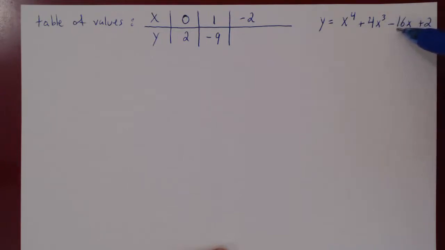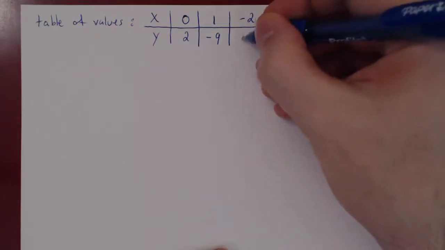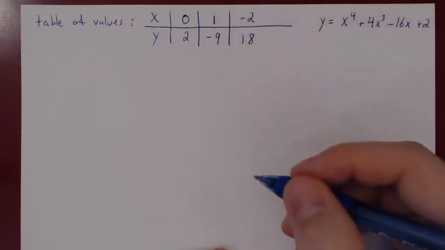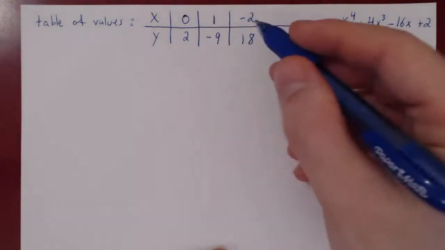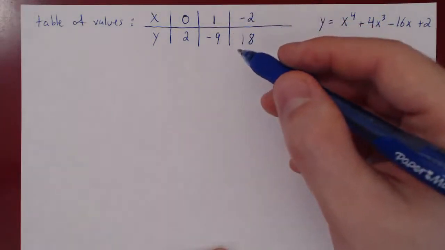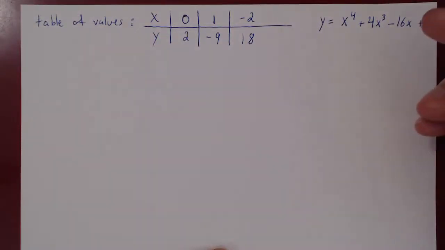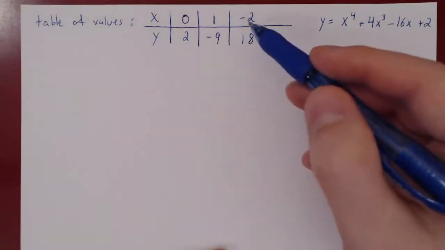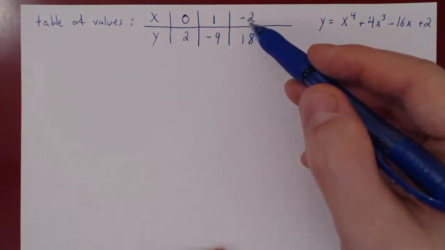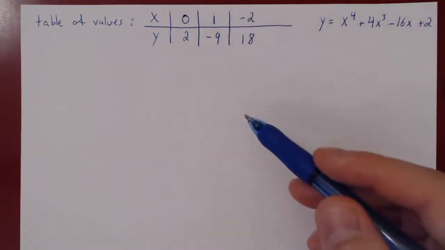Plus 32 plus 2 will give you plus 18. That's taking care of our two critical points, and interestingly enough, our inflection points were also x equals 0 and x equals negative 2. So there are only 3 points of interest here.